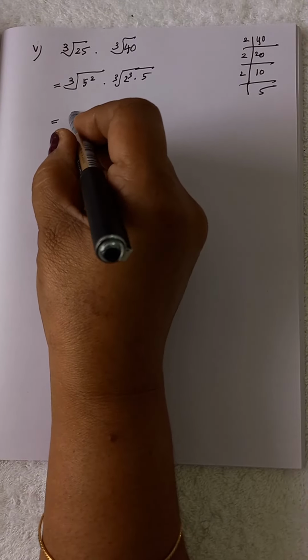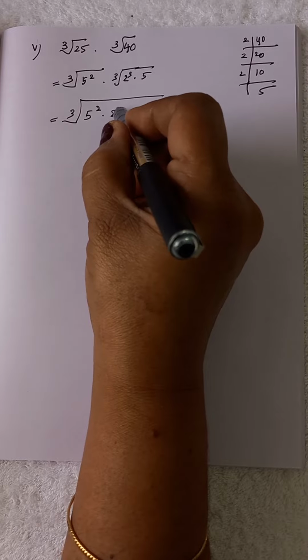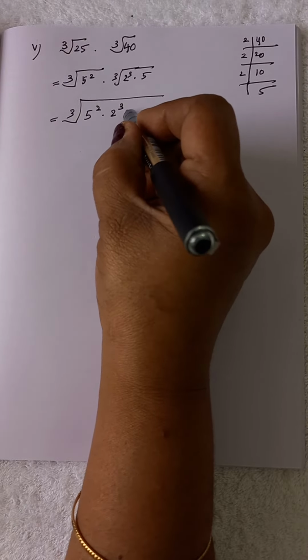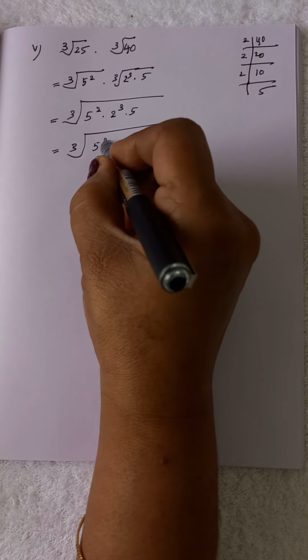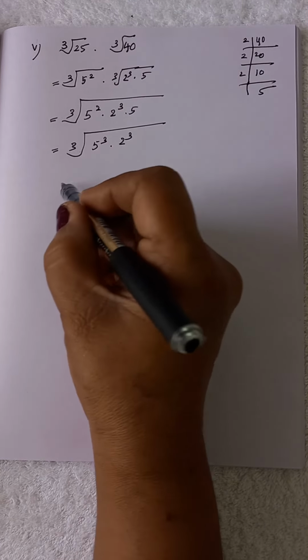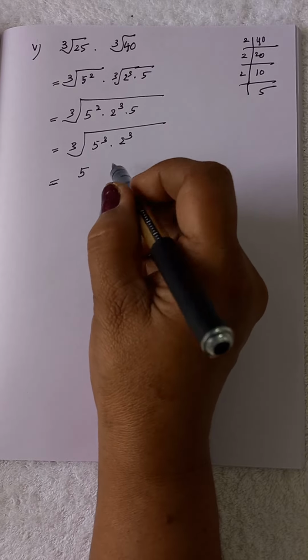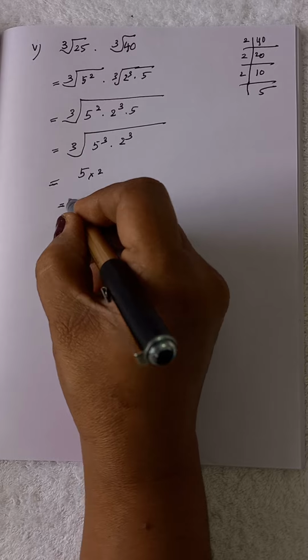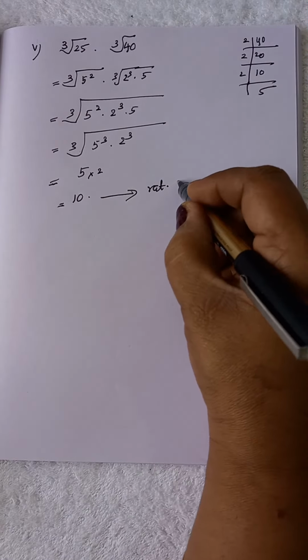So, we can write this as cube root of 5 raised to 2 into 2 raised to 3 into 5. That is cube root of 5 raised to 3 into 2 raised to 3. That means cube root of 5 raised to 3 means 5. Cube root of 2 raised to 3 means 2. So, the answer is 10, which is a rational number, not an irrational number.